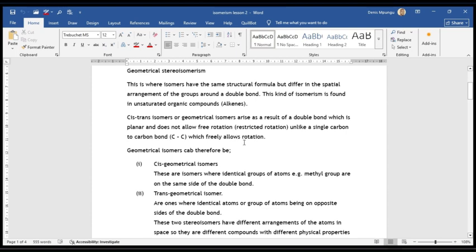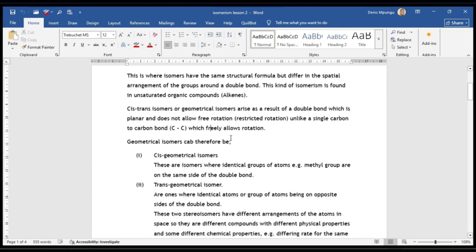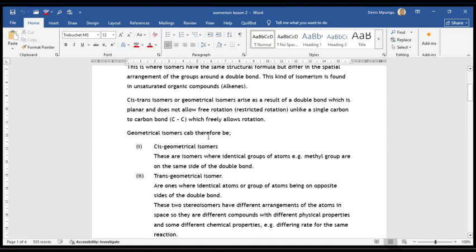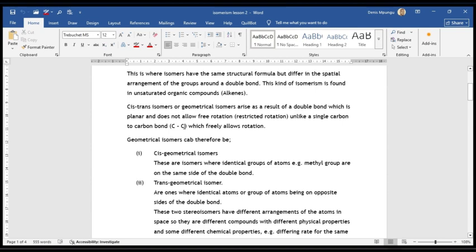Also, the other thing is the groups. The two groups of atoms attached on these two adjacent carbons should not be of the same kind.